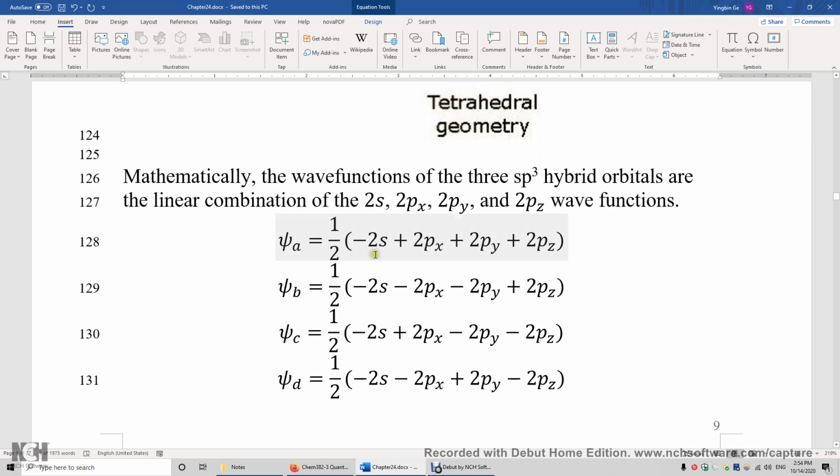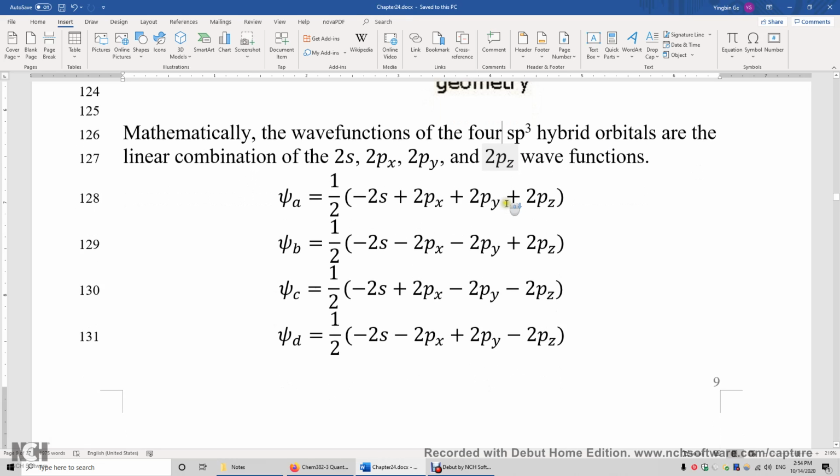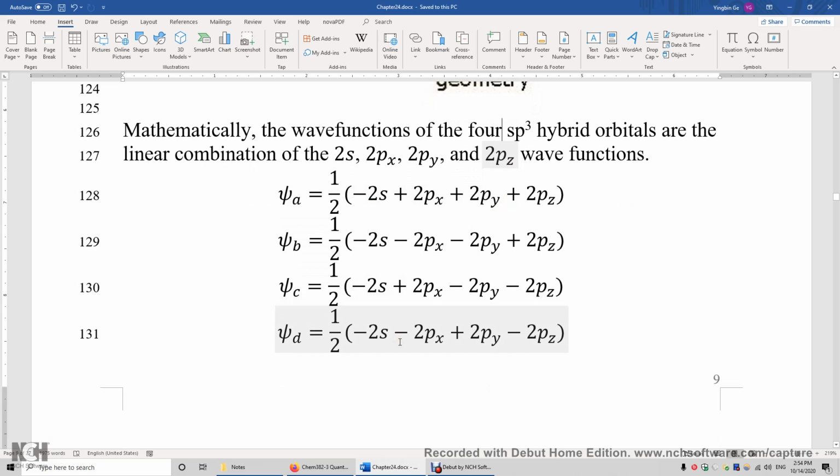Mathematically, we can write out the wave functions for these sp3 hybrid orbitals. There are 4 of them. Okay, 4 sp3 hybrid orbitals. Those are the wave functions.